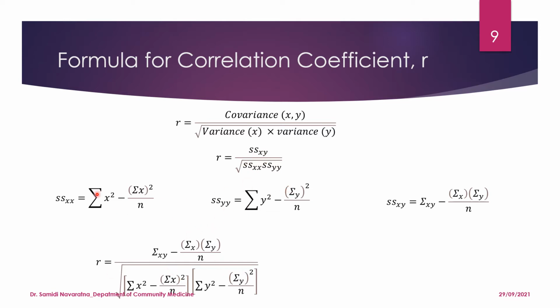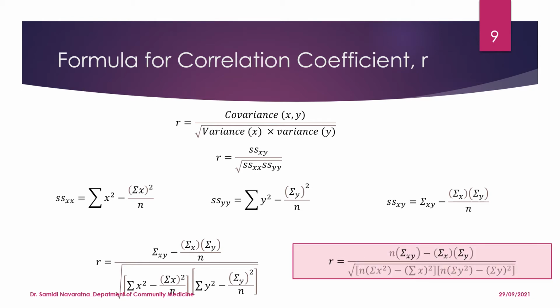You know how you find the variance by the least square method, and when you simplify this, the ultimate equation that you get is this. So by using this, let's see whether we can construct the correlation coefficient for a given example.